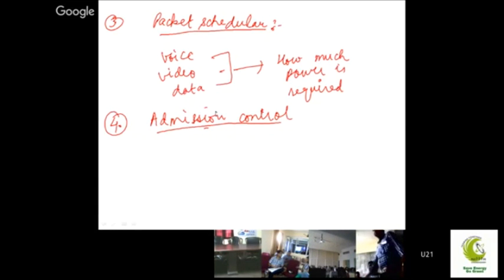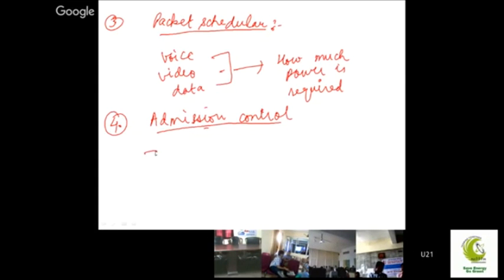So we are accessing the network, we are using the voice calling function, the video calling, the data facility. But for all these things, we need to take permission from the network, and that permission from the network into the node B is taken under the admission control.